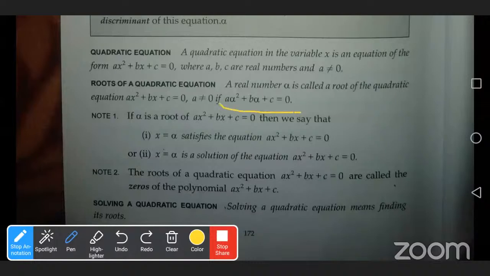The equations will not be written as is, but they will be in this form only, and we have to find their roots.